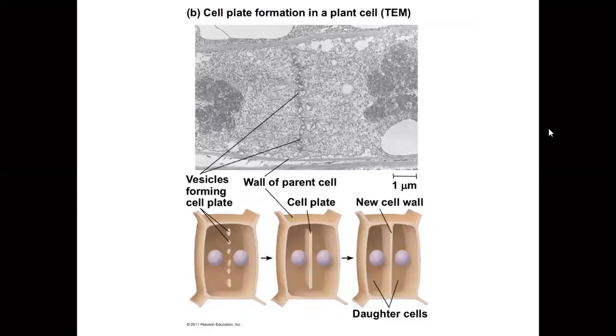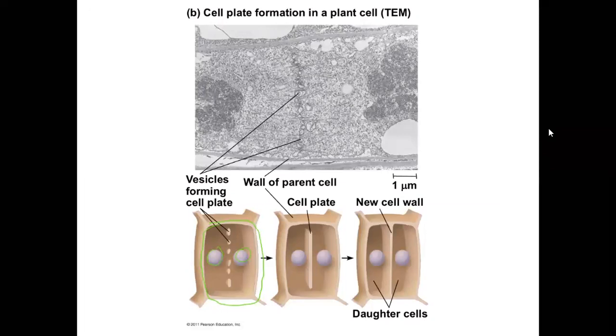Okay, so those steps are illustrated by this figure. First, you have the parent cell, and then the genetic material has already divided into two daughter cells, and now cytokinesis should ensue. So for the plant cells, cytokinesis would take place like this.